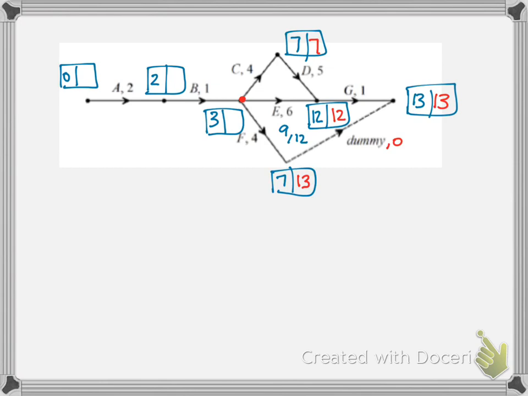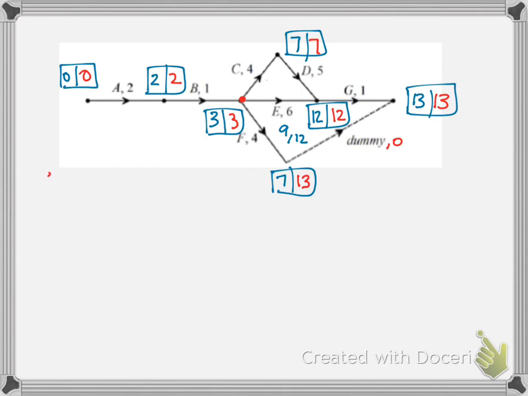So all those numbers I've just said are giving me the latest start time for the individual activities. And that's going to be important when we do part C. So for now, I'm going to put in the lowest number, and that will be 3. Then I have 3 minus 1 is 2, and 2 minus 2 is 0.